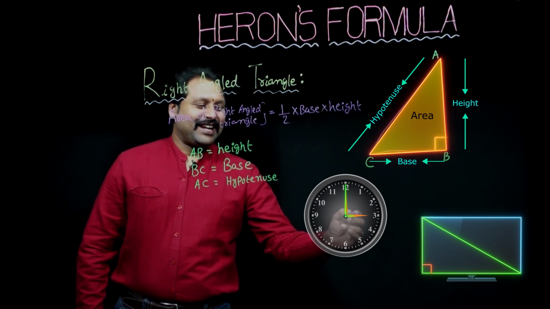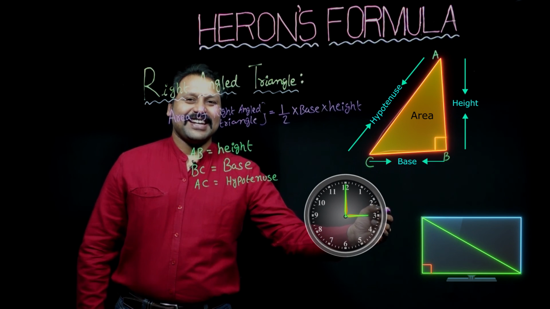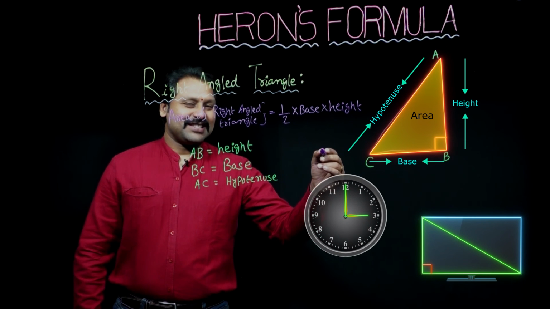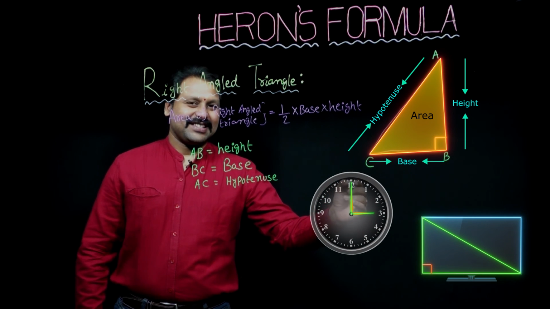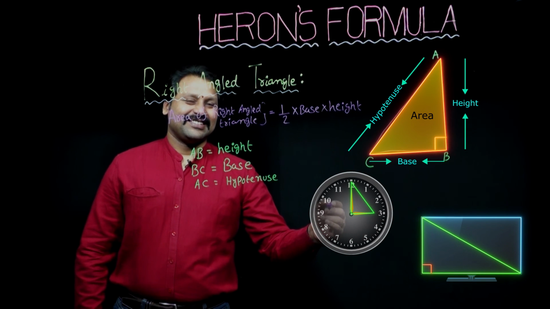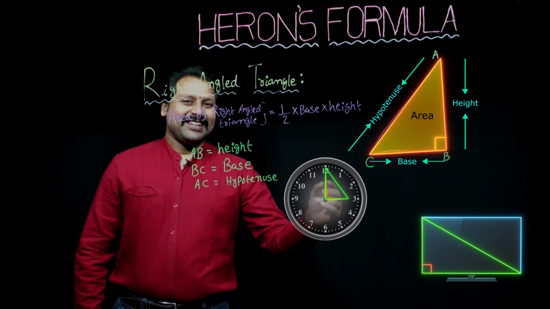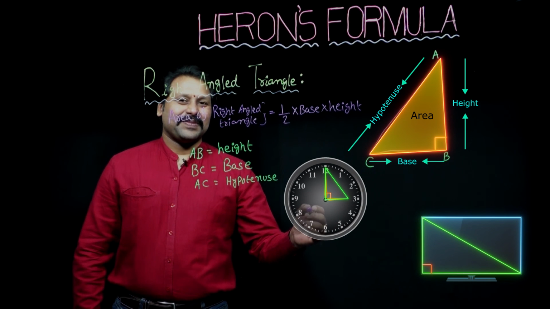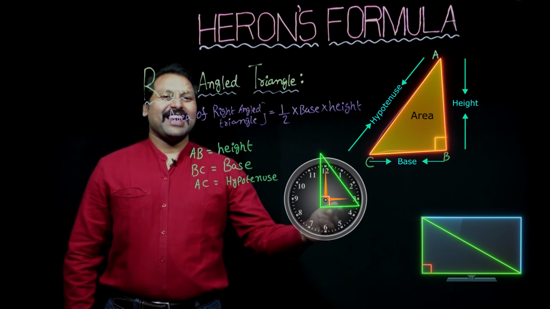The small handle represents the horizontal line. When you draw a line joining these extremities like this, the angle between the big handle and the small handle is 90 degrees. Now we get a right angle triangle here.